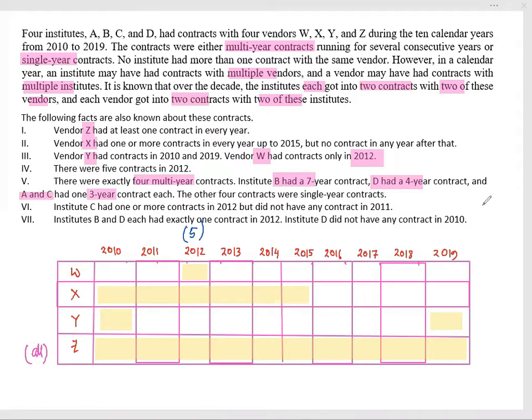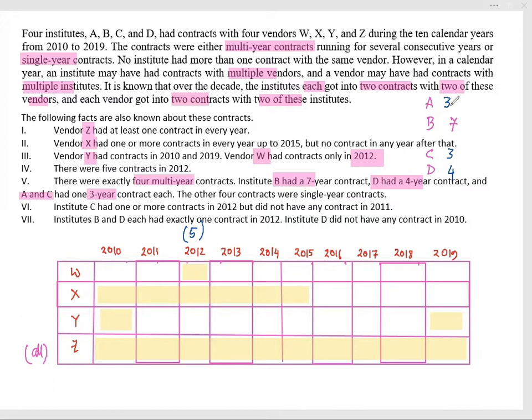I can write it down: A, B, C and D. B had a 7-year contract, D had a 4-year contract, and A and C had 3-year contracts each. These are the multi-year contracts. The other 4 contracts were single-year contracts.